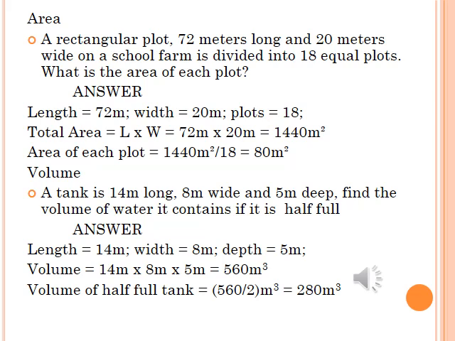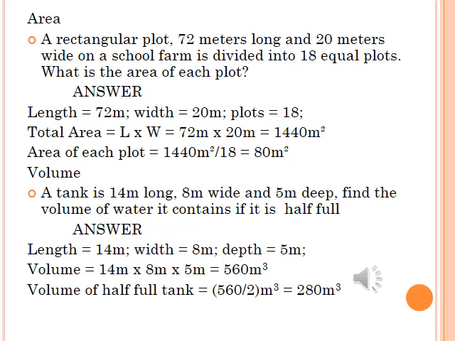6. Volume. A tank is 14 meters long, 8 meters wide, and 5 meters deep. Find the volume of water it contains if it is half full. Answer. Length is 14 meters, width is 8 meters, depth is 5 meters.